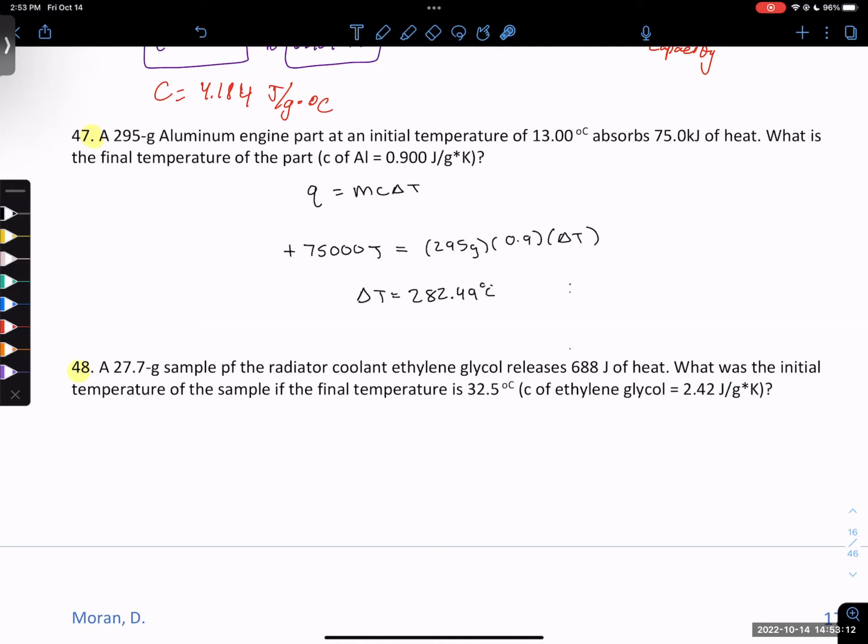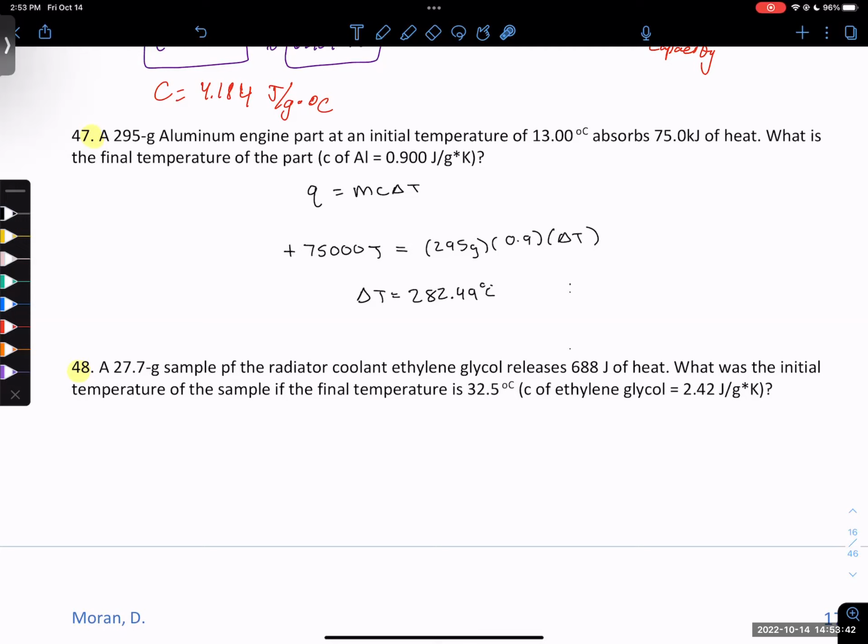Since it's a change in something, a change of 282.49 degrees Celsius is equal to a change of 282.49 Kelvin. It's not like going from Fahrenheit to Celsius where you have to multiply by 9/5 and then add 32, that's a weird conversion. It's really just adding a constant.